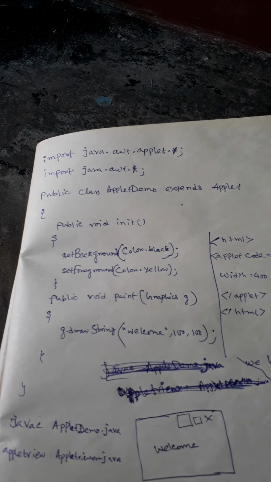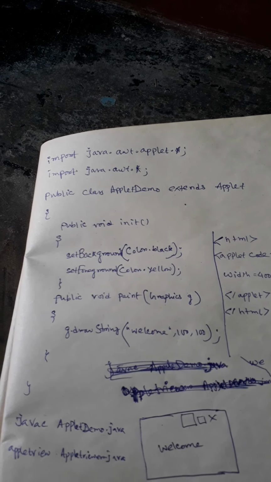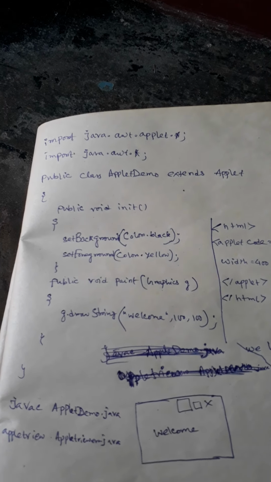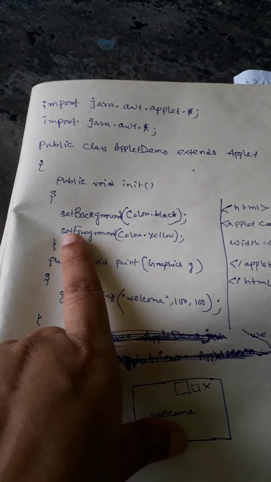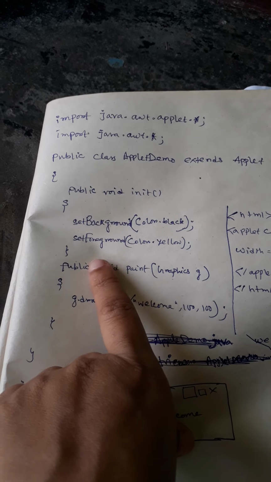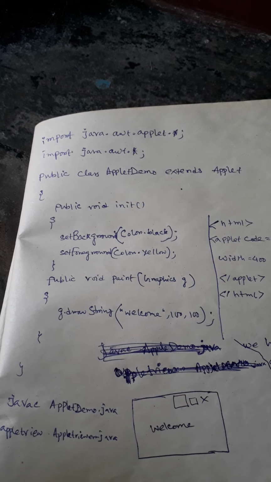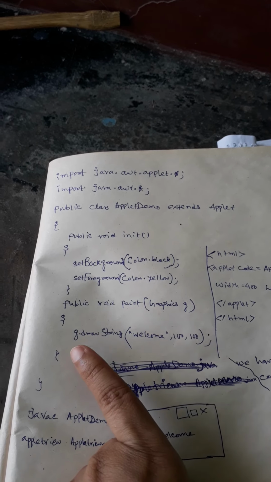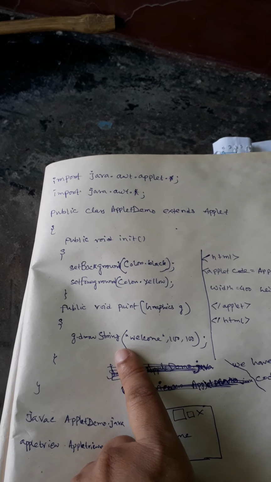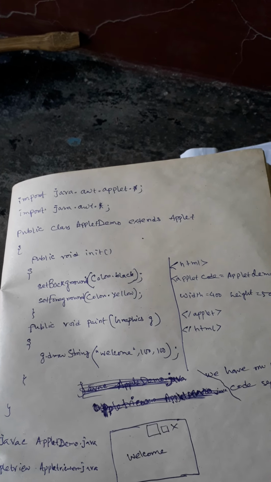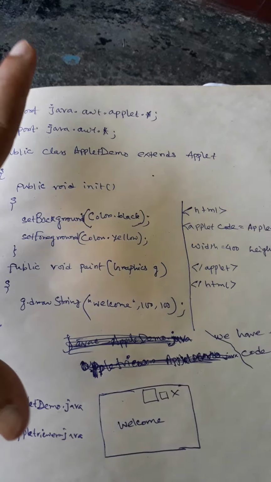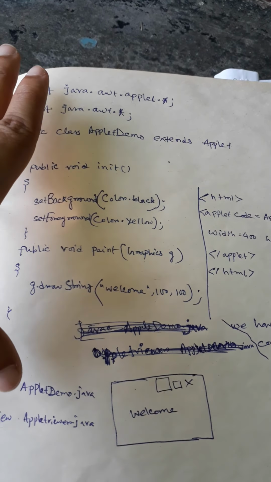So using the init method you can set the background color and foreground color, and within the paint method you can write the drawString method, where you simply pass the string as a parameter. This is one process to write the applet code.